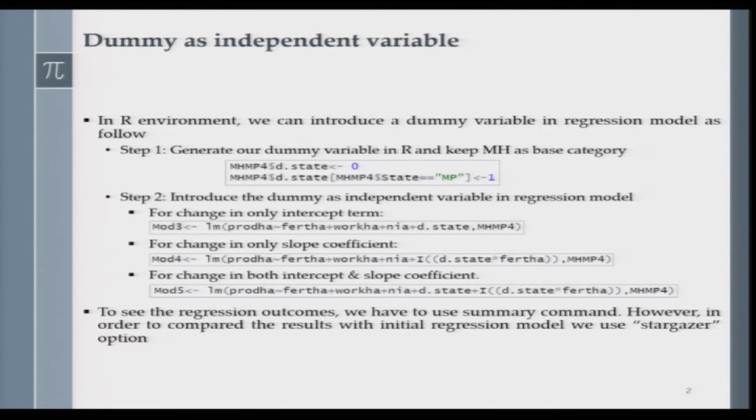Now we move on to the second model, which we denote by model 4. In model 4 I am going to show you how a dummy variable can be useful to model slope changes.